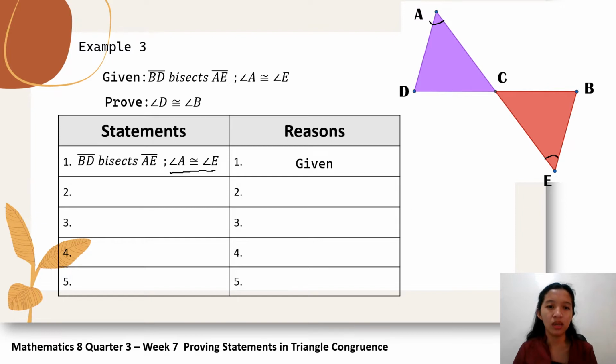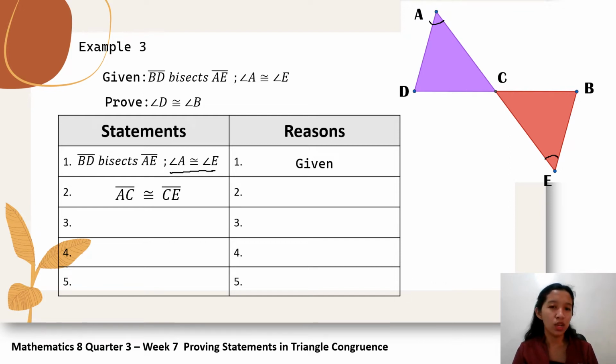When we say line BD bisects AE, bisects means cut into two equal parts, which means that line AC is congruent to line CE.